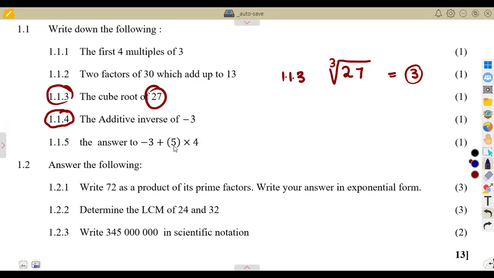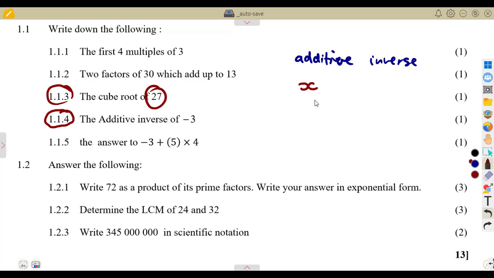What is the additive inverse? Remember, there is a multiplicative inverse and an additive inverse. The additive inverse states that if you have a number, let's say x, and you add to it its additive inverse, which is the one that carries a negative, you must get a 0, which is the additive identity.